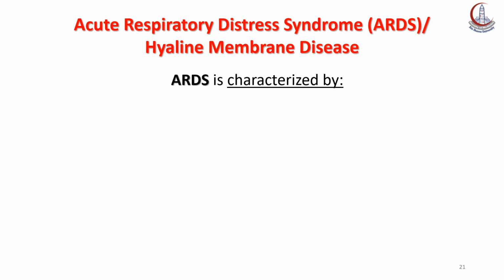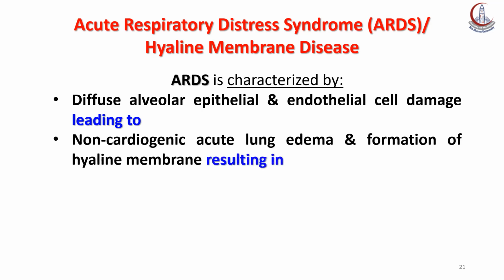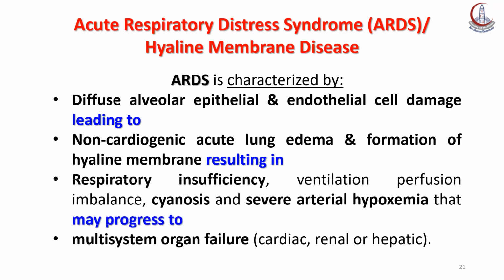It is characterized by diffuse alveolar epithelial and endothelial cell damage, leading to acute lung edema with formation of hyaline membrane, resulting in respiratory insufficiency, ventilation perfusion imbalance, cyanosis, and severe hypoxia that may progress to multi-system failure.